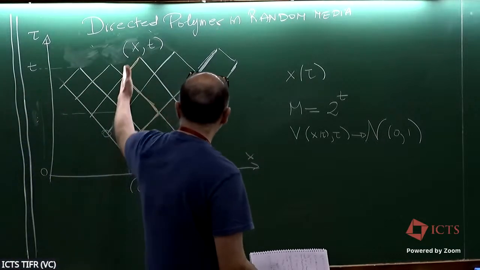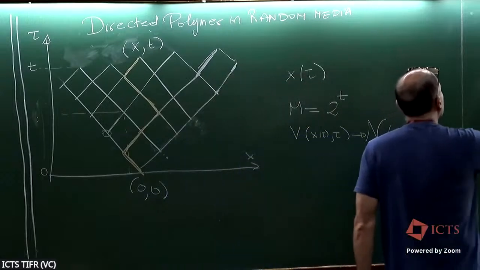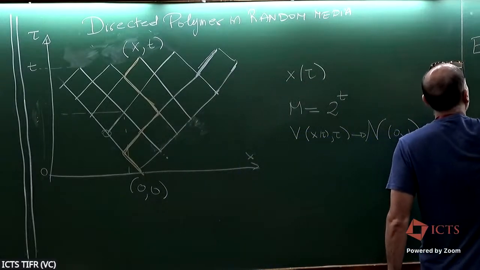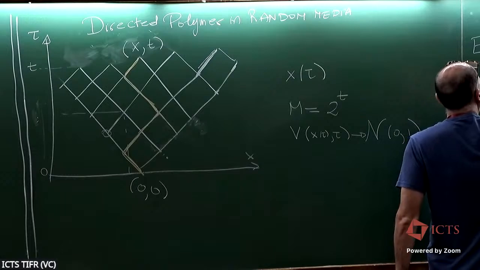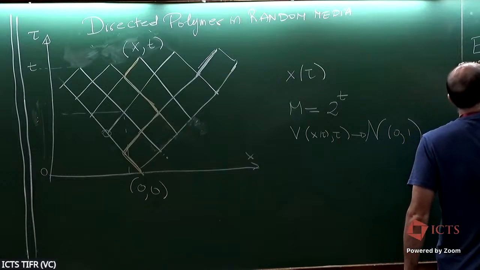And now let's define the energy E associated to a path in a simple way.